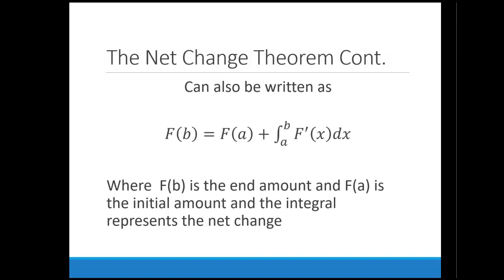This is where f of b is considered our end amount, or where it is at the end of the interval. F of a is what we will refer to as an initial amount. And again, the integral represents the change. So f of a is initial, integral is change, f of b is final.